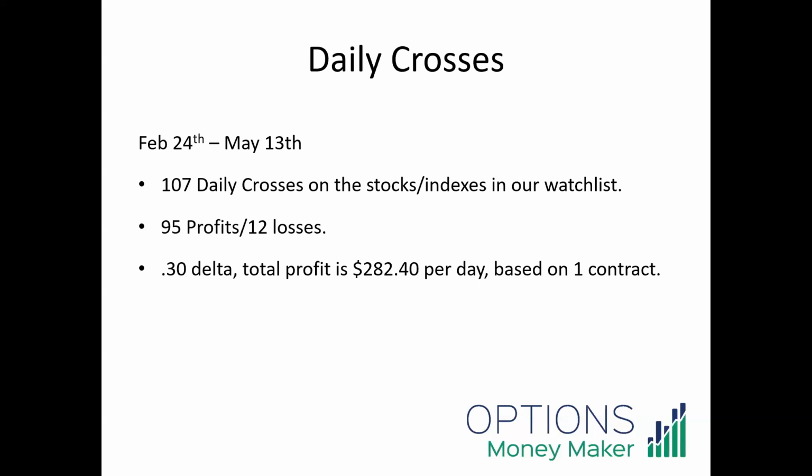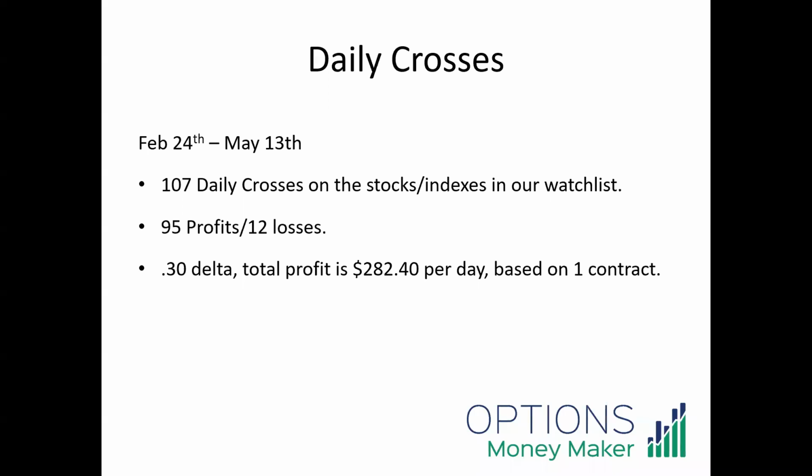So just to give you some perspective, we started tracking the daily crosses February 24th. February 24th through May 13th today, there have been 107 daily crosses on the stocks and indexes in our watch list. So we're tracking stocks and indexes, NDX, which is the NASDAQ 100, and SPX, which is the S&P 500.